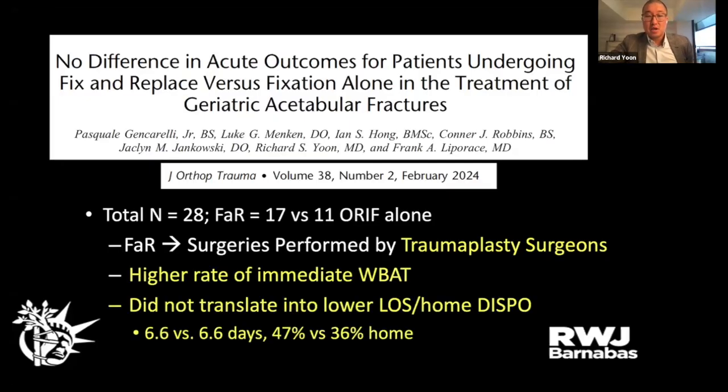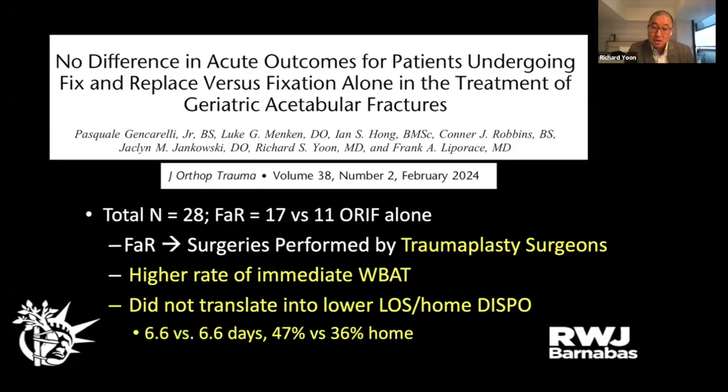All the patients in this were made at least foot flat weight bearing as tolerated. And if you don't know what that means, we don't ask our patients to toe touch a lot of the time. At least for my patients, what I ask them to do is keep their foot on the floor with a walker and just slide their foot. It keeps the joint reactive forces around the hip a little bit less than if they were non or toe touch weight bearing, but also gives them stability for balance.